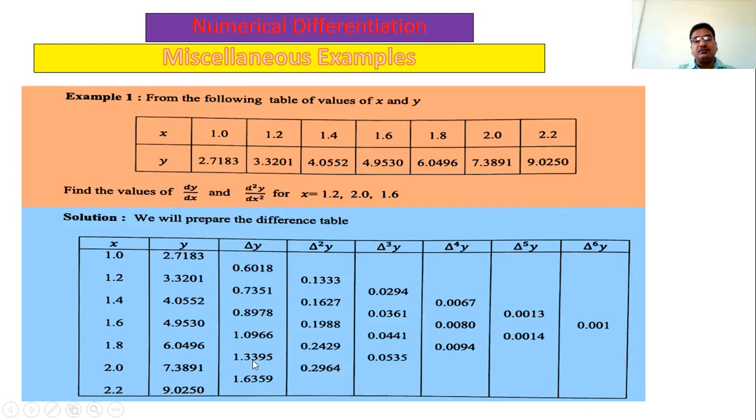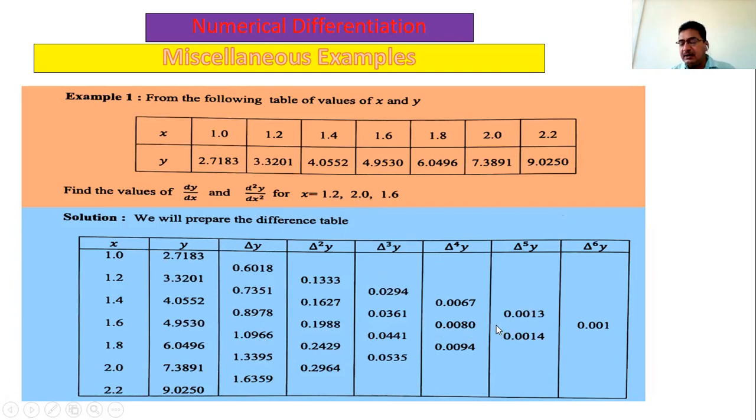This is del yn now, because to find the value of the first order and second order derivative at 2.0, we are going to use a backward difference formula, and there is a del notation. So this is xn, yn, this is del yn, this is del square yn, this is del cube yn, this is del raised to 4 yn, and this is del raised to 5 yn.